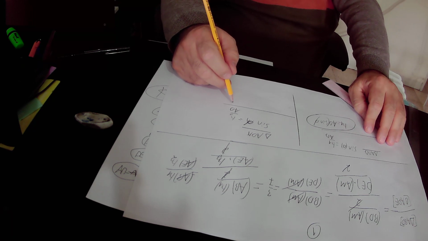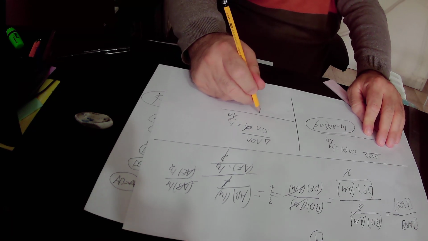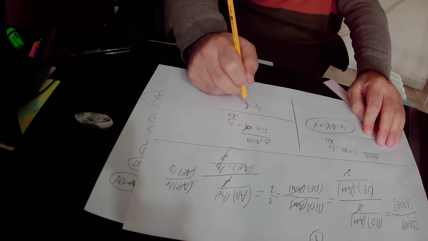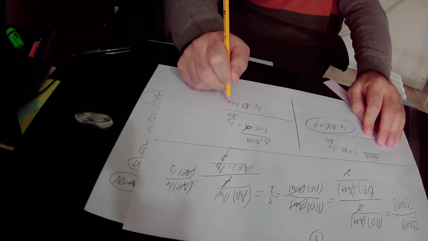We multiply this equation by AD and we get that H2 equals AD times sine alpha.